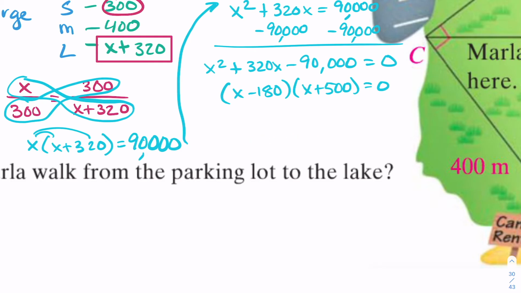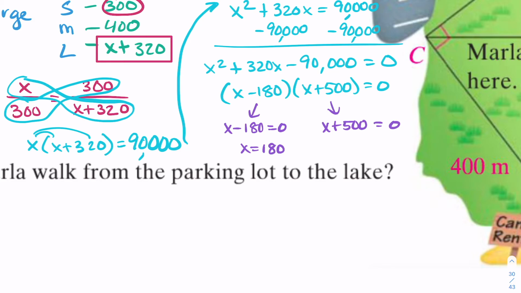And now I'm going to solve this. I'm going to say x minus 180 equals 0. Move it over, you get x equals 180. And then this solution is x plus 500 equals 0, because if this was 0, 0 times anything is 0. If this was 0, anything times 0 is 0. So I'm looking for both options.